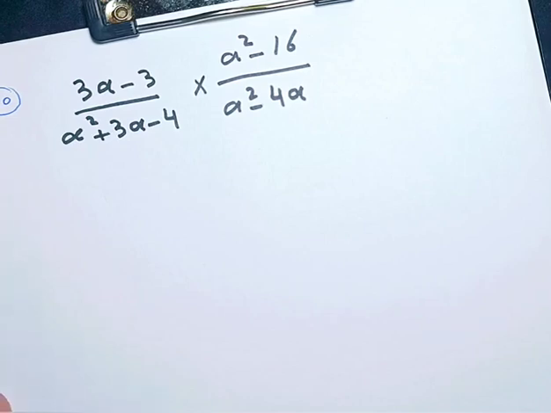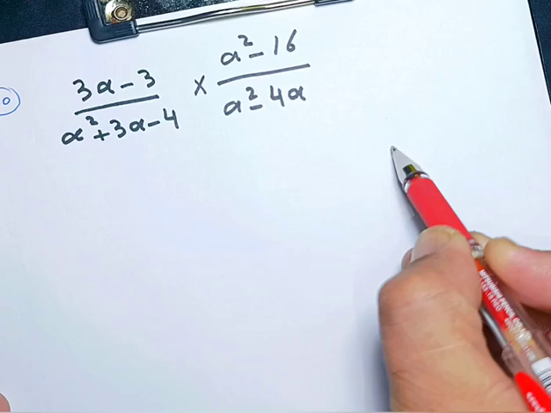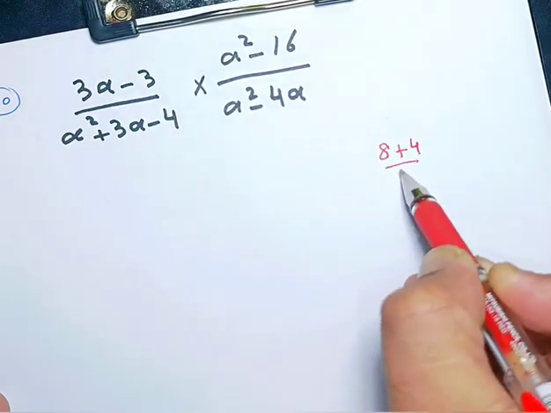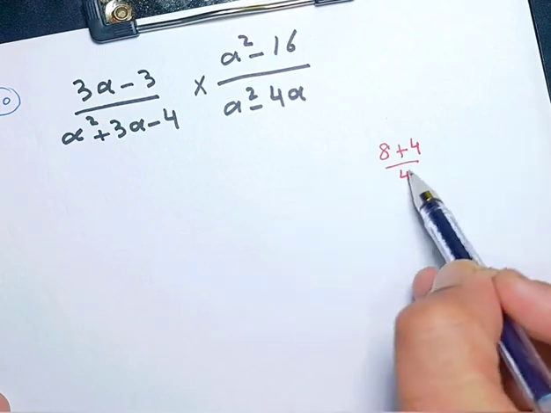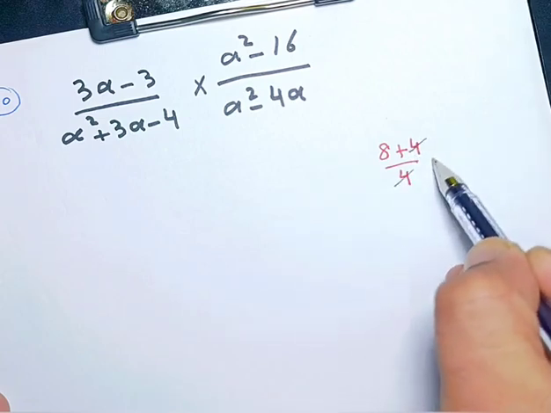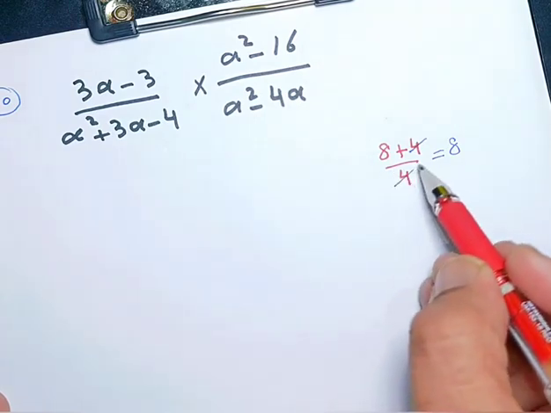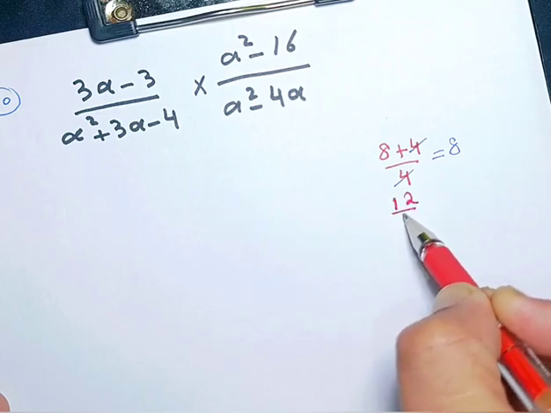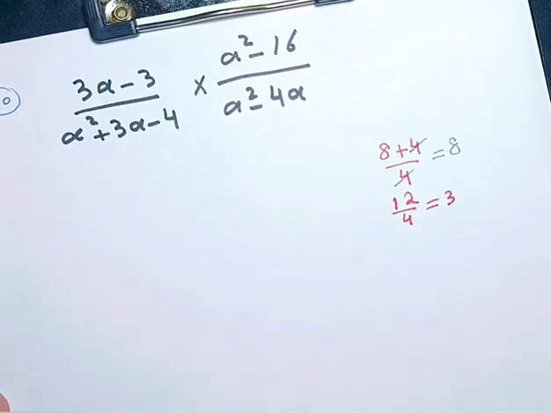So, have a look here. For instance, if you have 8 plus 4 and you divide by 4, you cannot cancel this. If you cancel, that is wrong, and the answer would be 8. So what do we have to do? 8 plus 4 is going to be 12. Divide by 4, the answer will be 3. This is the correct answer.